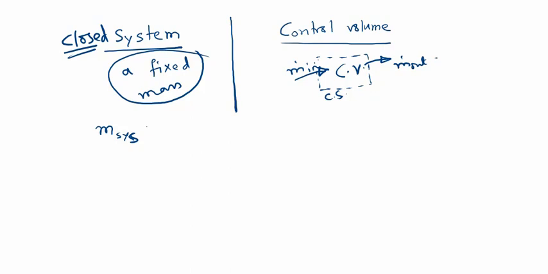Mass of the system is constant means basically that d/dt of the mass of the system is equal to 0. So this is the law, that is, conservation of mass. The mass of the system is constant, it is not going to change.